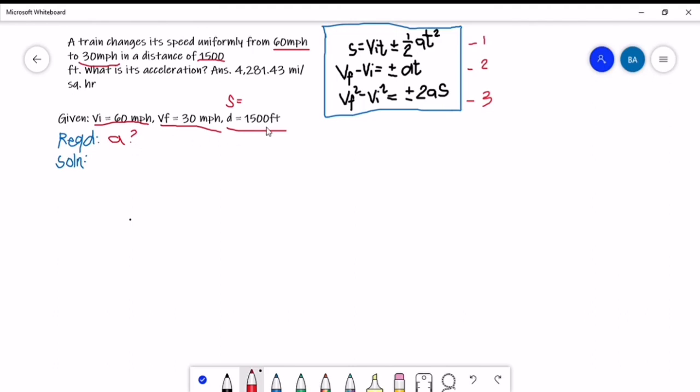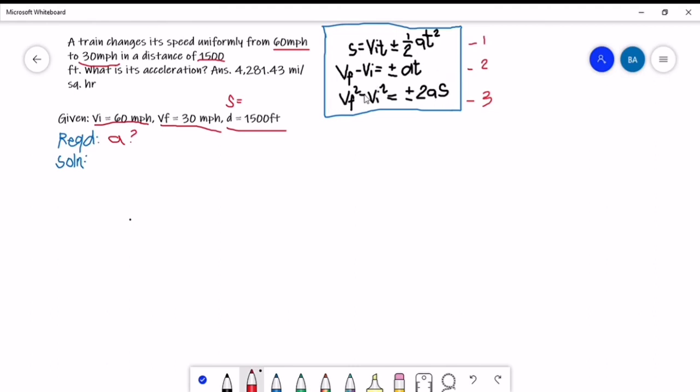I think we got the third equation, because v sub f is check, v sub i is check, and our displacement is check. Acceleration is the only unknown. So we are going to use equation number 3.